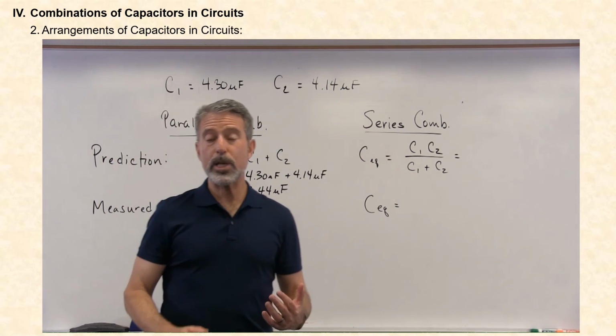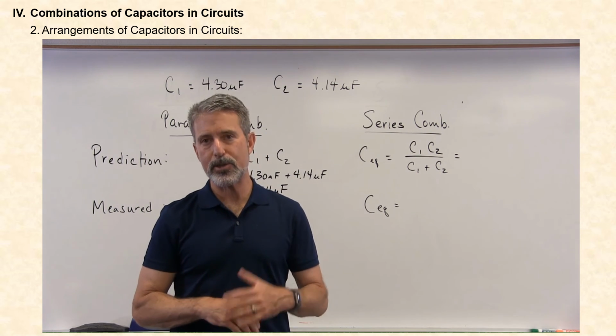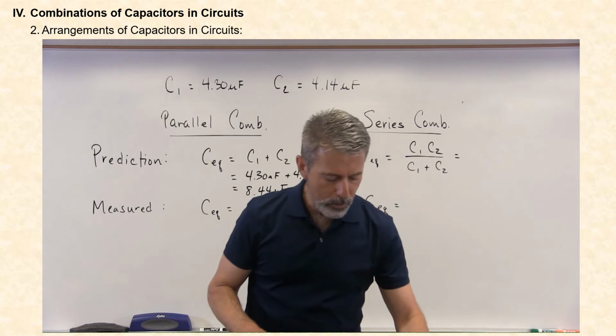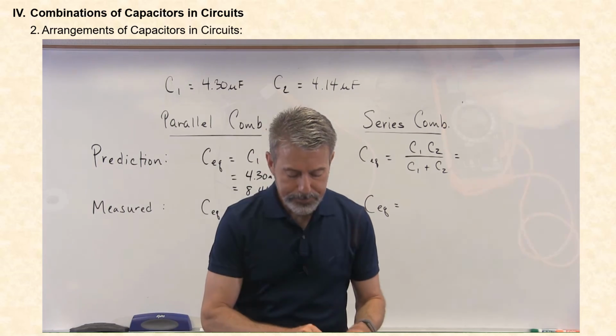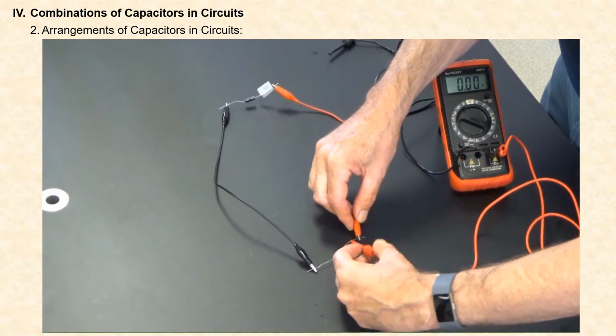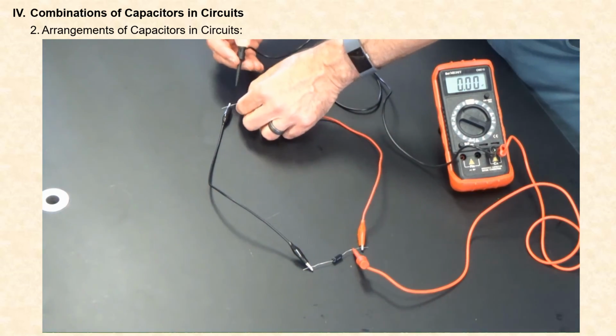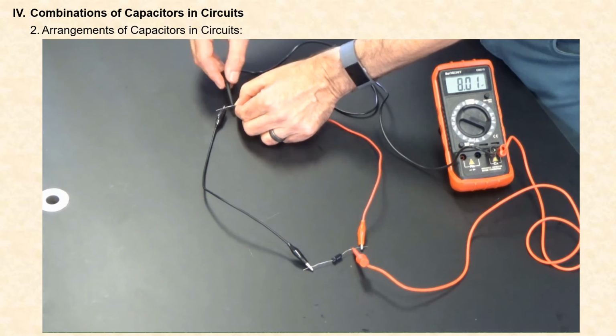What we now want to do is actually experimentally measure this and see if this theory is indeed correct. So to do that, we'll use our capacitance meter here, and we will hook one of our leads to one side of capacitor 1, and hook the second lead to the other side of capacitor 2.